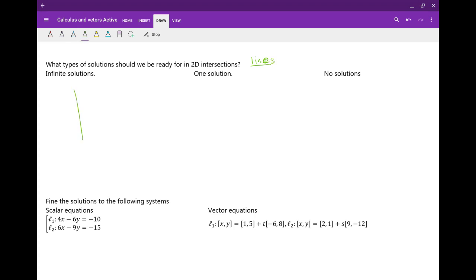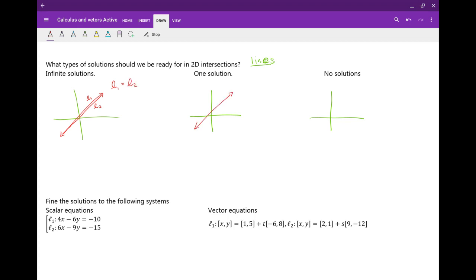Basically, we could have infinite solutions, we could have one solution, and we could have no solutions. Infinite solutions is where the line 1 that we're talking about and the line 2 are actually the same exact line. So line 1 is actually equal to line 2.